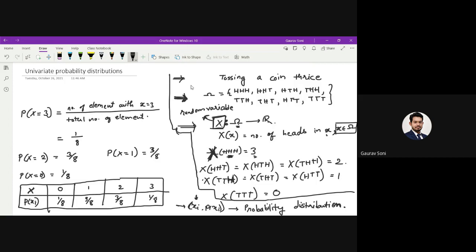Over what you are distributing the probability? You have the total probability as 1. Over what are you distributing it? That random variable X. Exactly. So you are distributing the total probability over the values of the random variable.